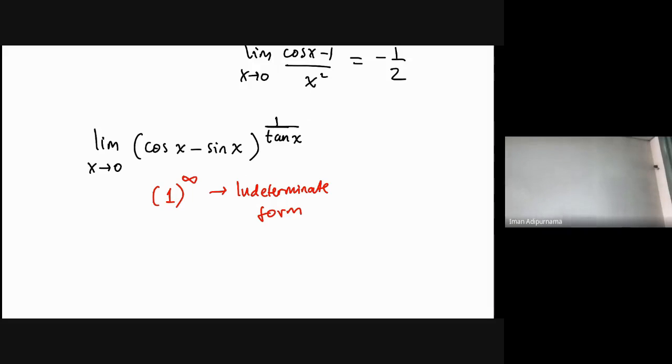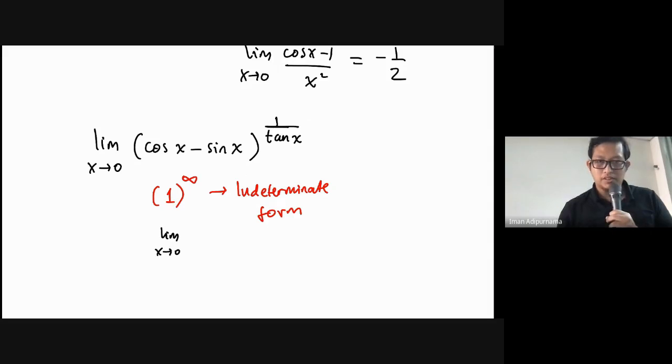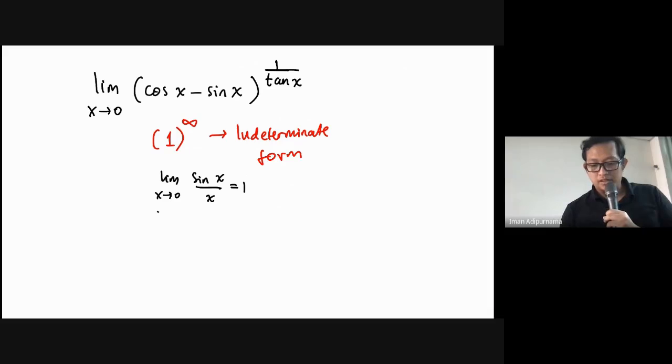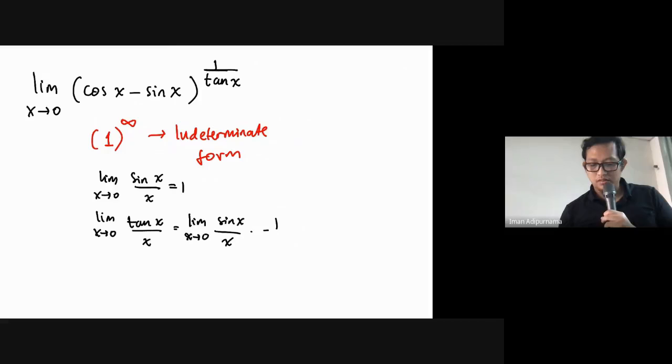Let me start with the limit as x approaches 0, sine x over x is 1. And based on the trigonometry property, if you have tangent, this is actually the same as sine x over x. Right?